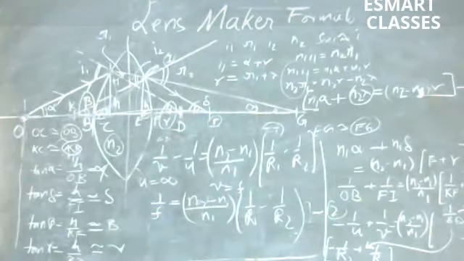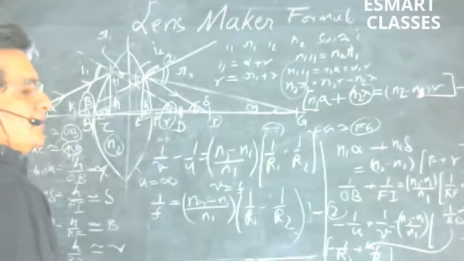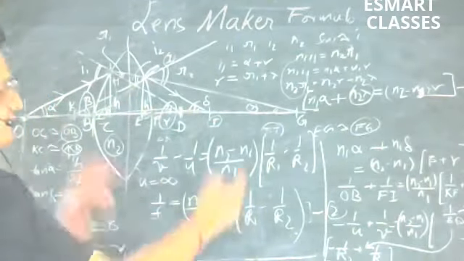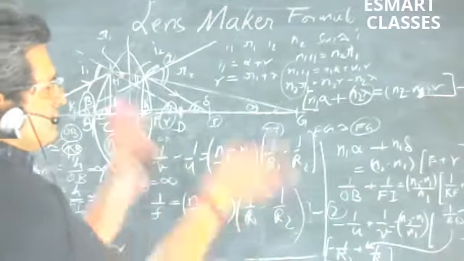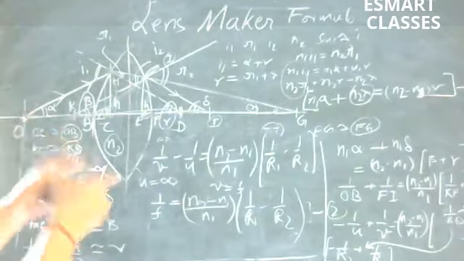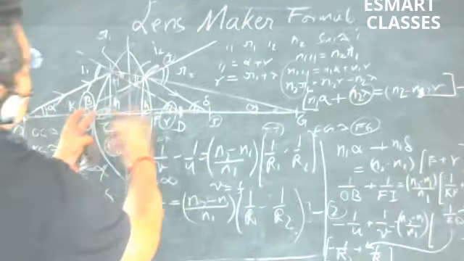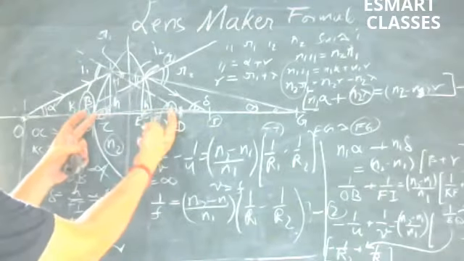When you solve the numerical problem, please again take the sign when you put the values here, because we have taken the sign and reduced it to this form. So when you put the values of R1 you will have to put with this sign. And what is the sign in case of R1? Would be positive anyway, because it was like this.